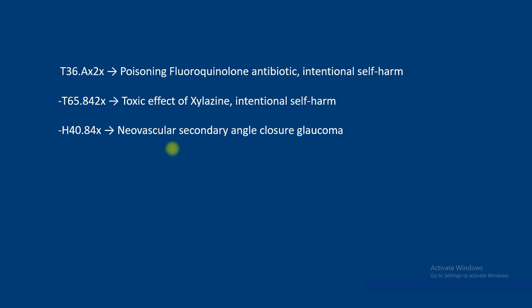Next one is H40.84X, neovascular secondary angle closure glaucoma. Neovascular means neo is new, vascular is related to blood vessels. Glaucoma is an increase in the intraocular pressure, so if the patient is having angle closure glaucoma due to neovascular, we need to code H40.84X.